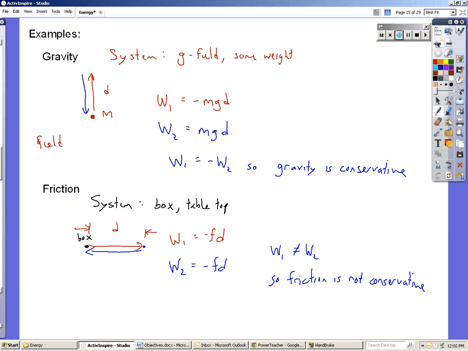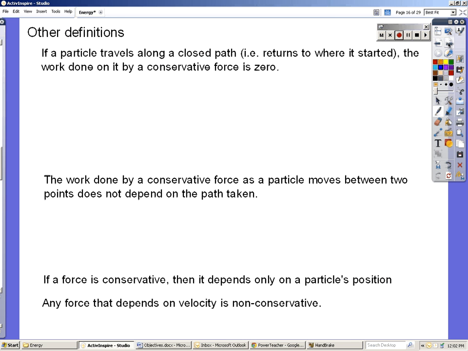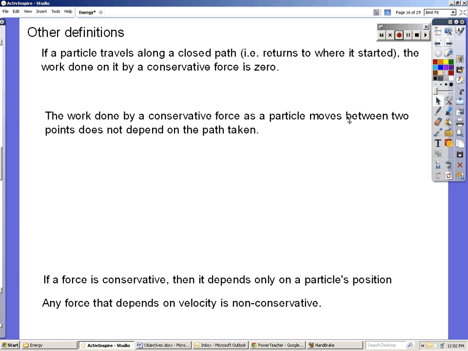If you look at our examples here, gravity, the conservative force, W1 plus W2 is 0, whereas the total work W1 plus W2 done by friction is negative. So that's equivalent. Another definition is that the work done by a conservative force as a particle moves between 2 points does not depend on the path taken. And you can see that that is equivalent to that first definition as well.